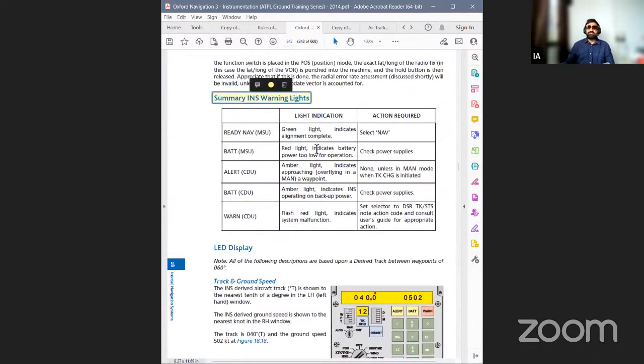You can go through the INS warning lights for exams. If you have a green light, it indicates alignment complete. And if you get a green light, you have to select nav.